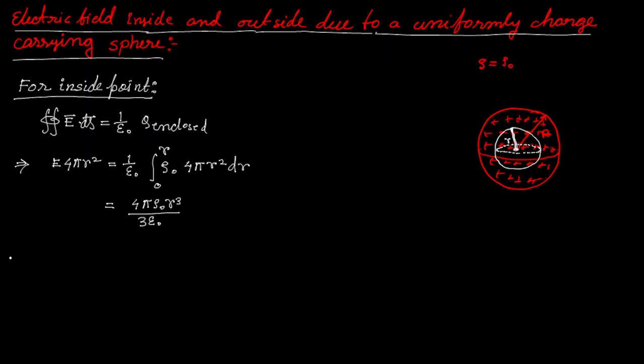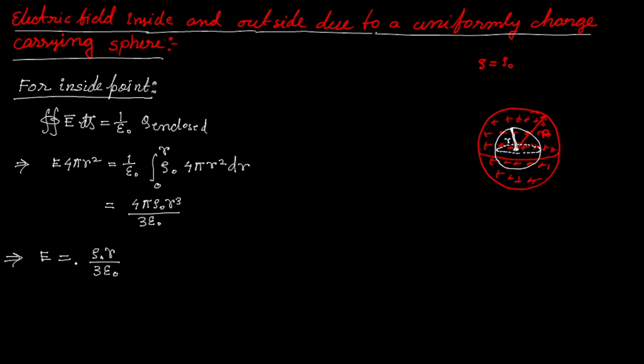Now if we divide both sides by 4 pi, then E is equal to, 4 pi will cancel out, and r square will also cancel out from both sides. Then we get rho naught r divided by 3 epsilon naught.